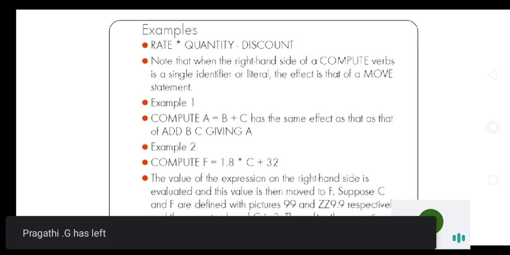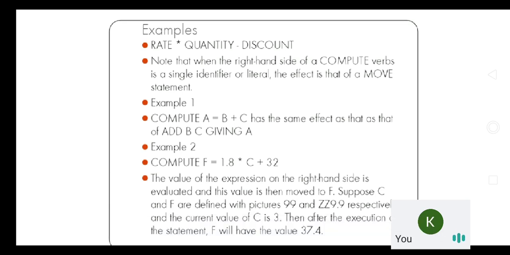The second rule concerns the various operators that we have and the corresponding symbols we have to use for each and every operator, so that they are used properly. So these are some of the rules related to the compute verb.